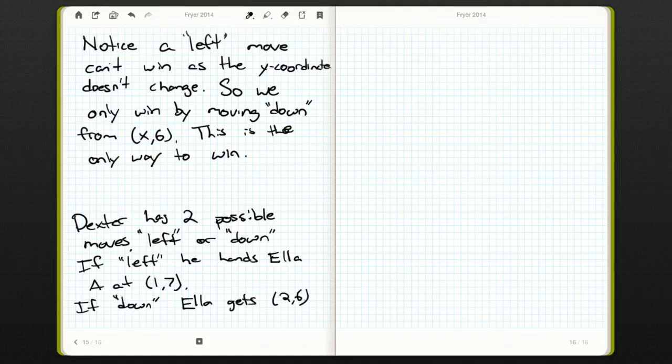Otherwise, he gives Ella A at 2-6. She brings it right down to 2-5. She easily wins at that point. Okay.